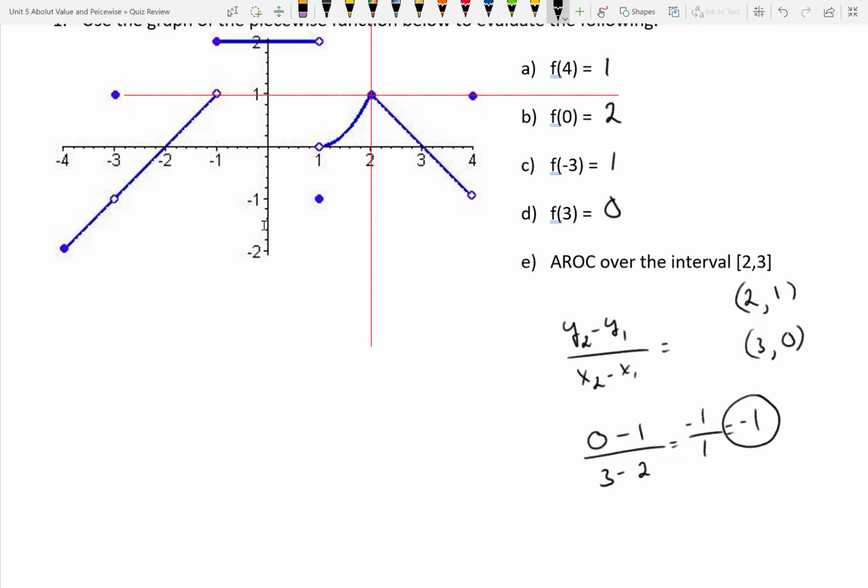So my average rate of change over that interval is -1. And if I take a look on my graph, this is the part of the graph that it's referring to, and you can kind of confirm visually that it indeed has a slope of -1.